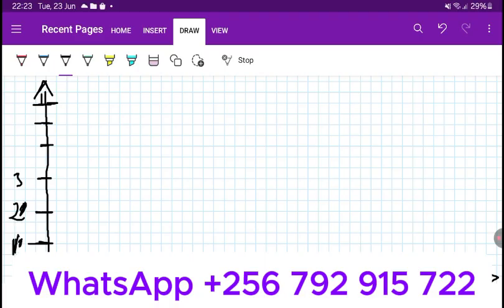This is 20. This is 30, 40, 50, 60. Then we move. We need now here we are going to skip. Of course we skip. Maybe we skip like 2. Then we go that we need now 4.